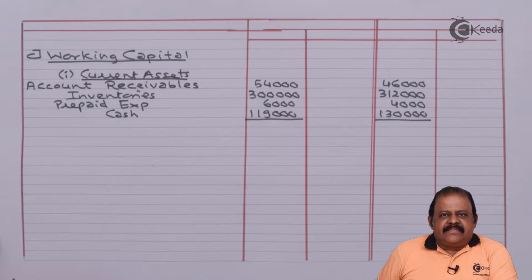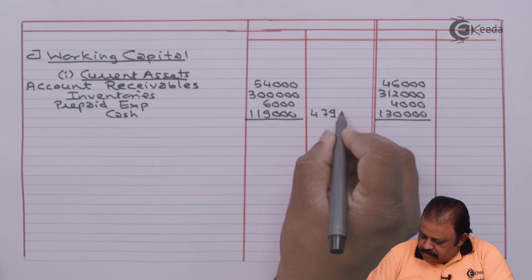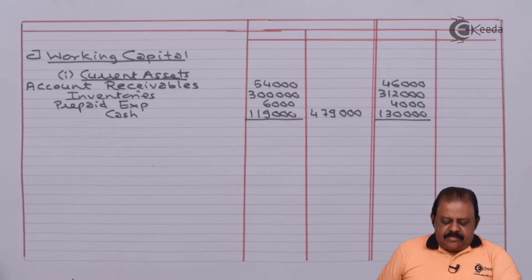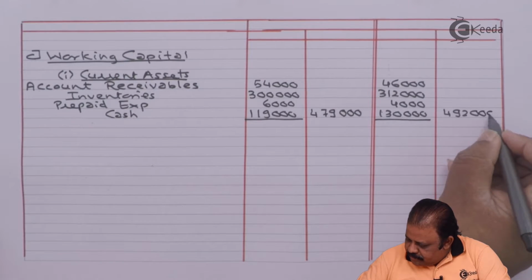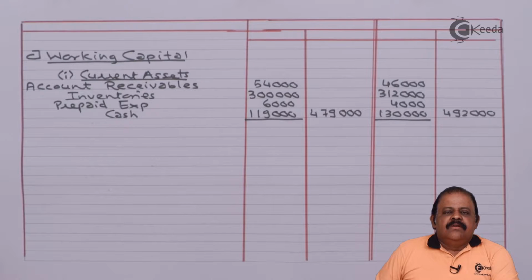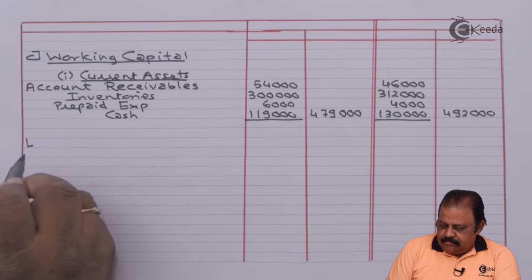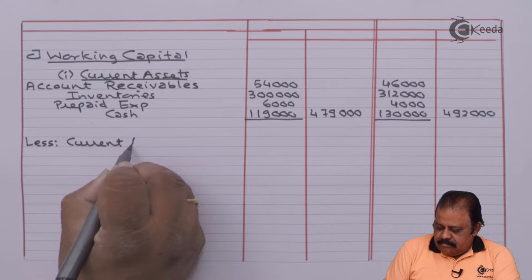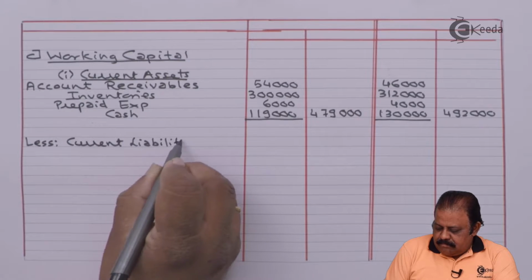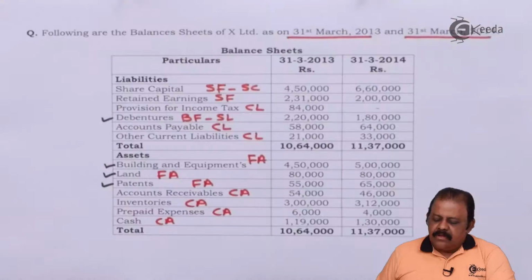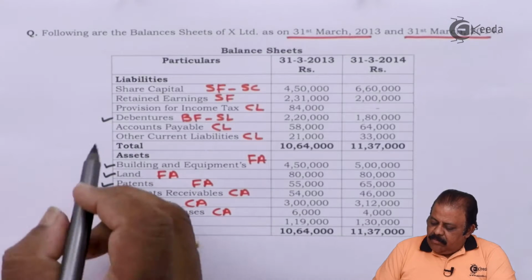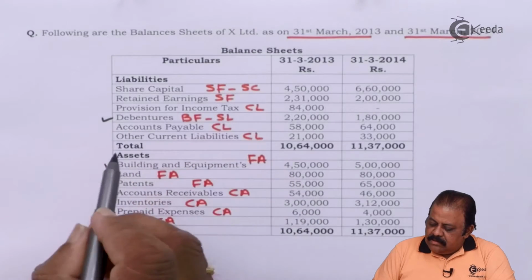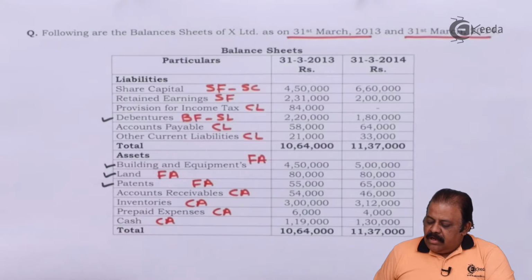We add current assets to get 4,79,000 and 4,92,000. Now from current assets we are required to deduct current liabilities. In current liabilities we have provision for tax, accounts payable, and other current liabilities.